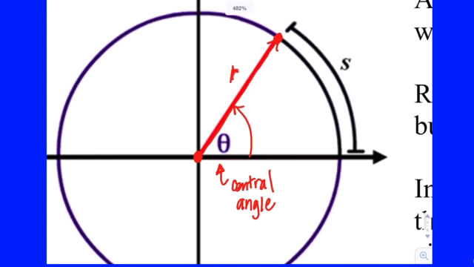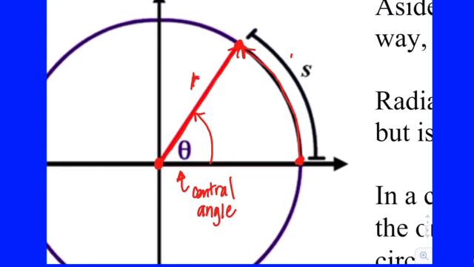Okay, so if you are measuring how far you travel along the outer surface of the circle, we call that the arc length. Okay, and it is a distance. And for some reason, we use the letter S to represent arc length. Because if you read arc length very carefully, you'll hear that S sound, right?